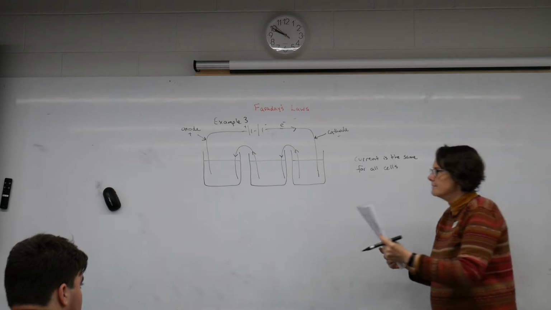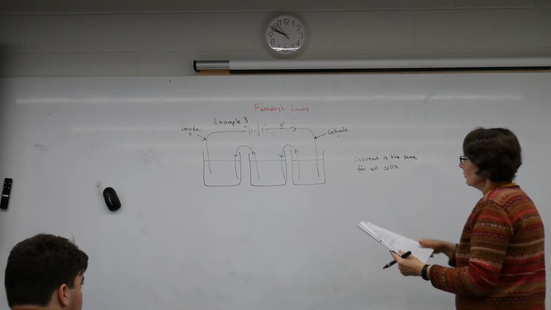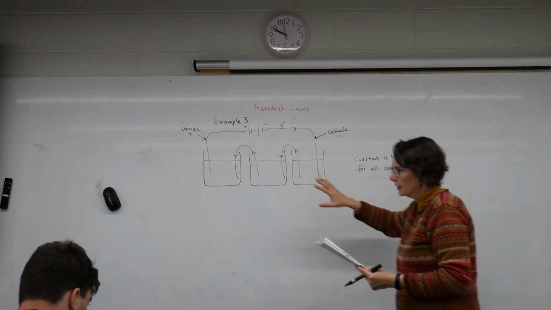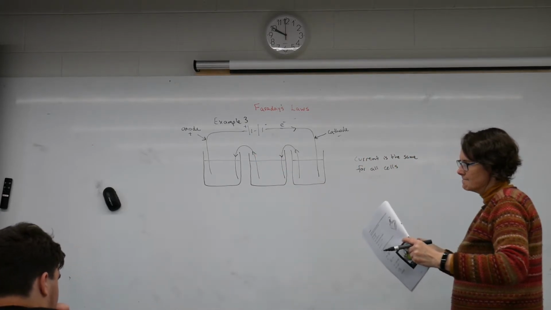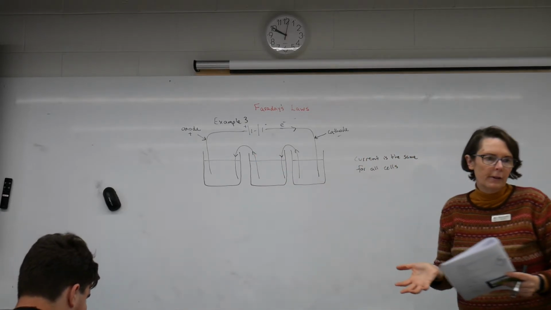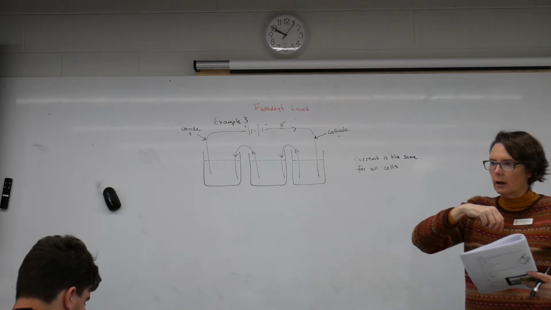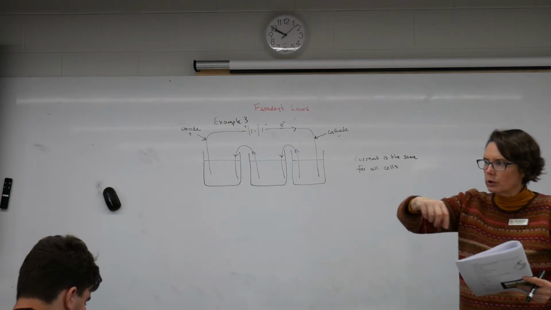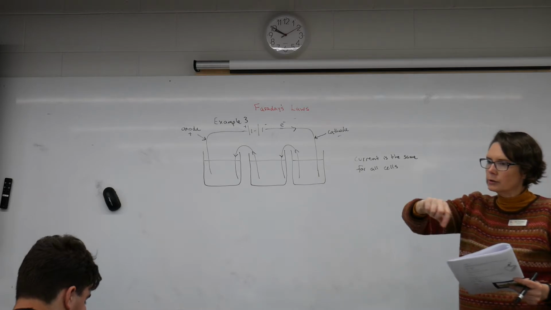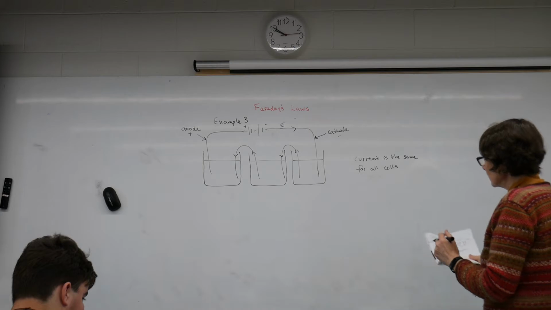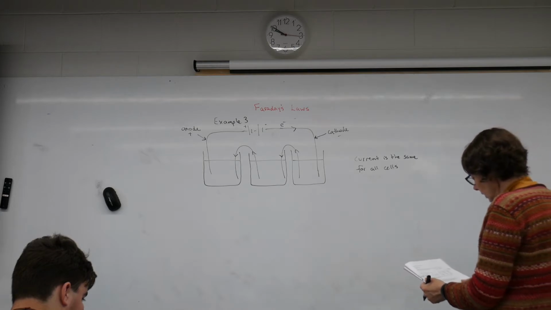So we can't have one electron zip through faster than the others. It's like a river. If you put a stick in and you watch the rate at which that stick flows through, it's flowing at the same rate as all of the rest of the river is. So that's the same thing for our electrons.